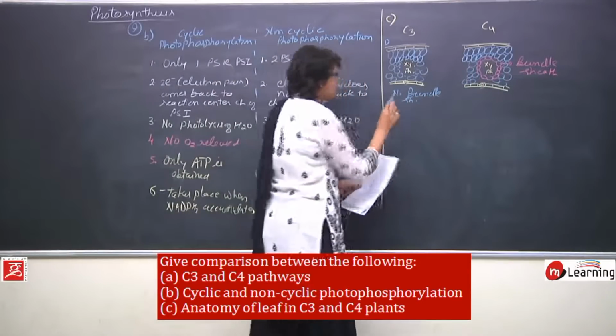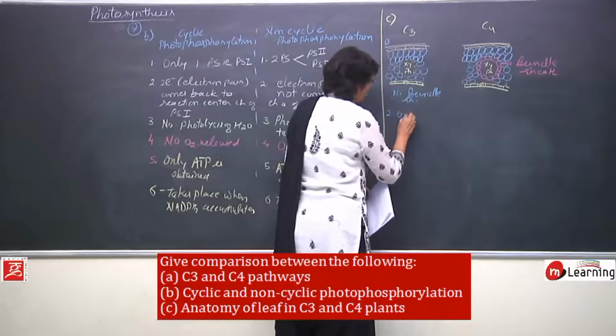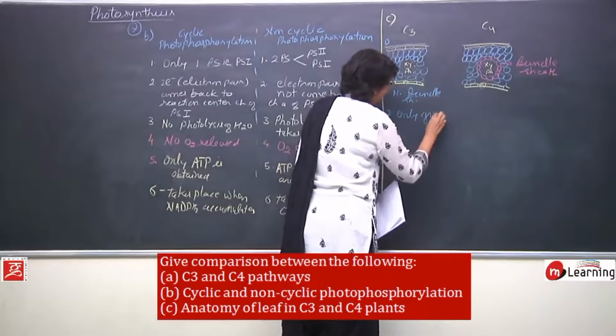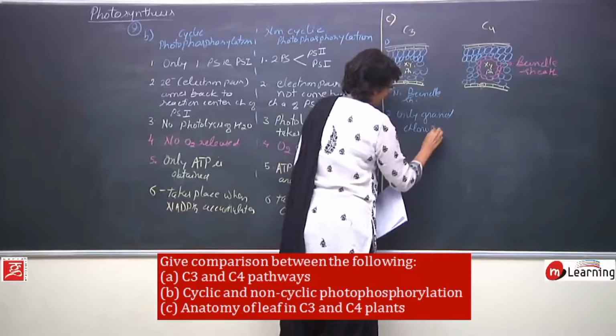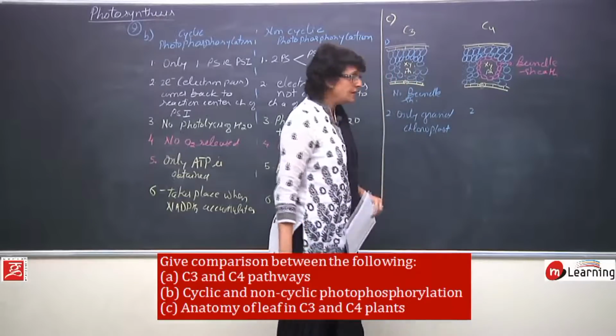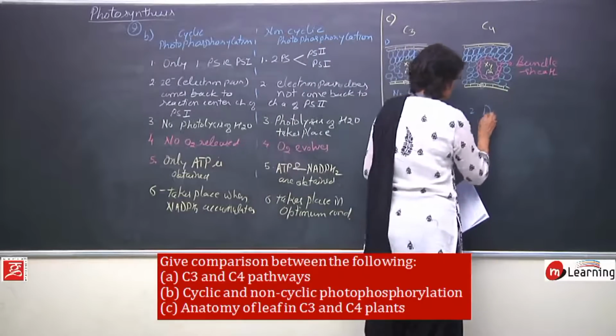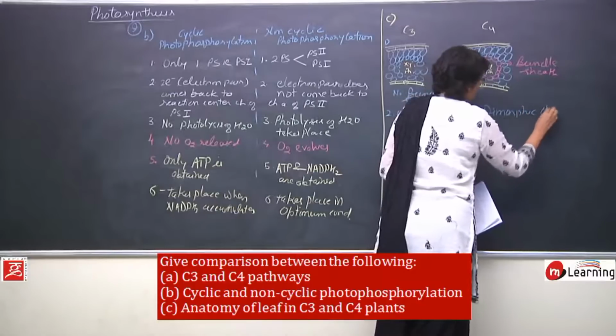The second anatomical difference which we find is here only granal chloroplast, and in case of C4 plants there are two types, that is dimorphic chloroplast.